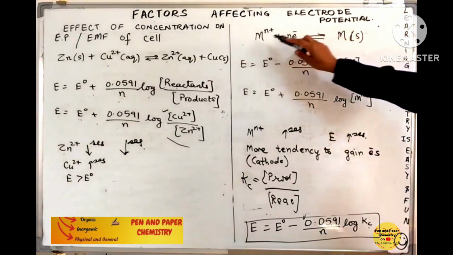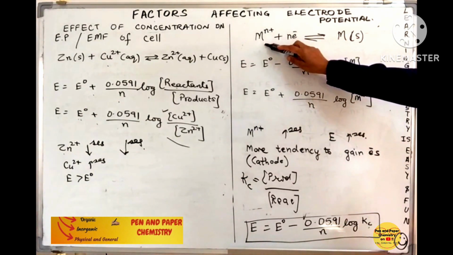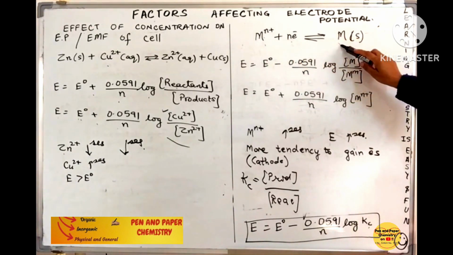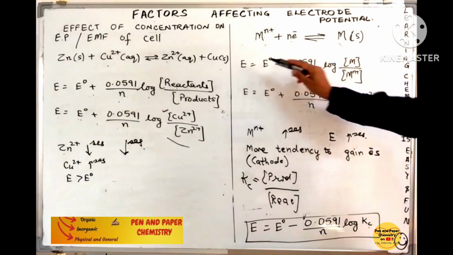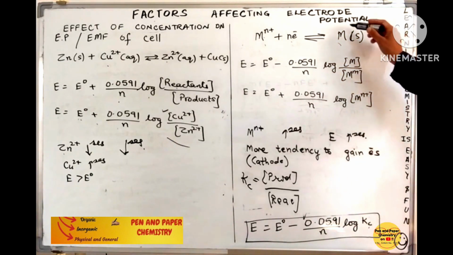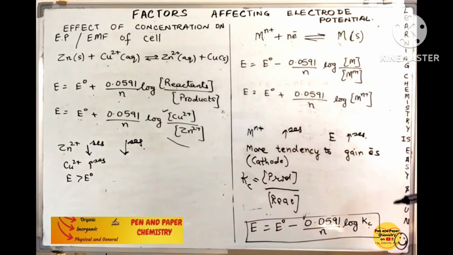Now, as I said, I will move from complex to easy, right? So let me take a single electrode, and as a rule we will take the reduction reaction. Mn+ plus n electrons gives us M solid. This is a generalized reaction. So I will have E equals E naught, either you can start from the base equation, 0.0591 upon n log of Kc, that is the concentration of products divided by the concentration of reactants.